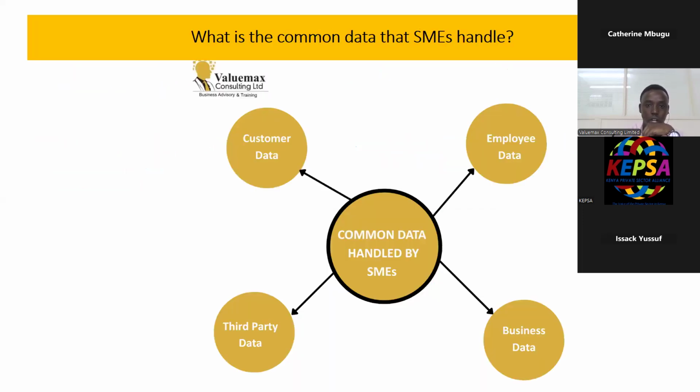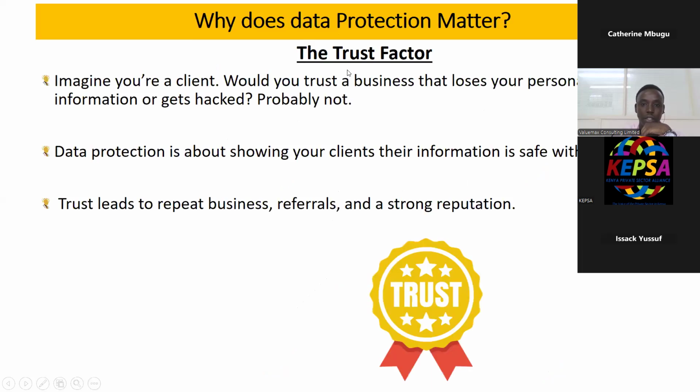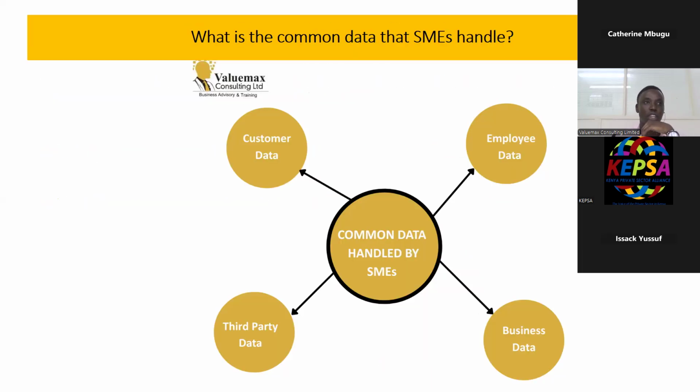Then let's look at the types of data that SMEs handle. Any SME handles a lot of information, and one type is customer data, then there is employee data. There is also third-party data. So customer data is information that SMEs collect from the client to deliver products or services or even to process payments.